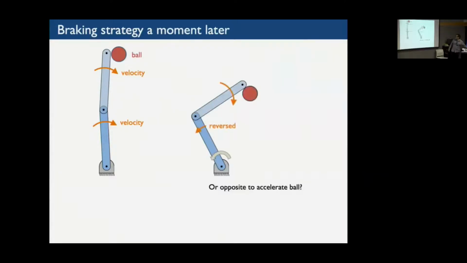And really what I want to say is the time to do this reversal strategy is at the very end, because the ball's going to leave your hand, and so you don't suffer any of the bad consequences of this negative work that you're doing on the system. Okay? So braking works, but it's a fleeting strategy.